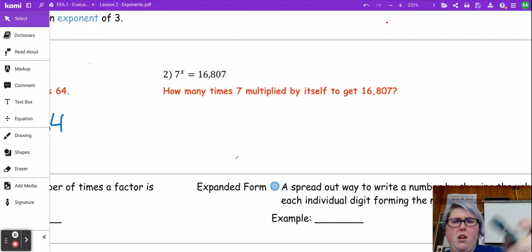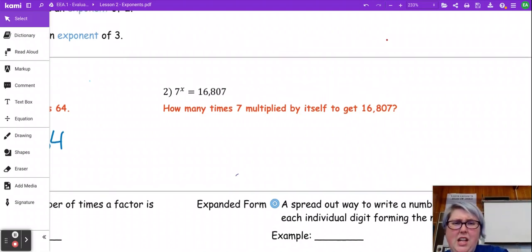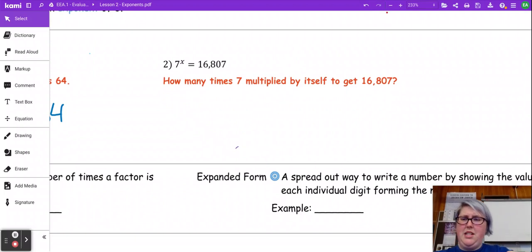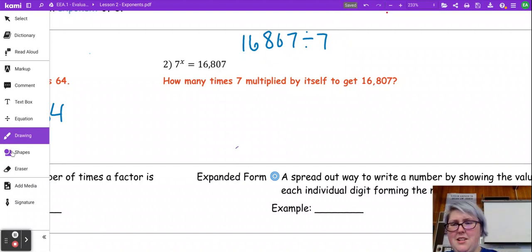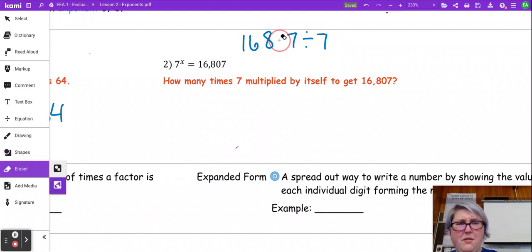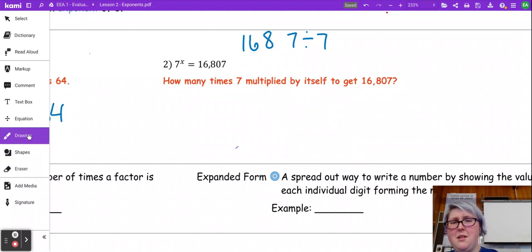Okay, so if we just divide 16,807 by 7, if we divide that number by 7, are we going to get the answer? Are we looking for the number of sevens in this number? Not really. We are looking for how many times 7 is multiplied by itself to get this answer.